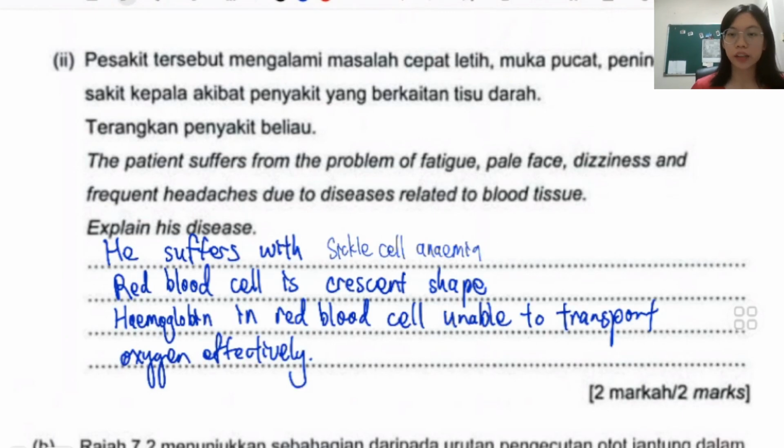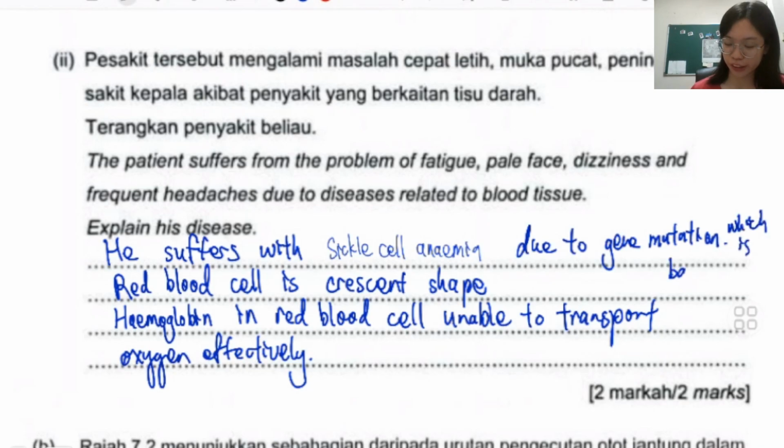You can actually add that it is due to base substitution or gene mutation. If this is an essay question, you have so many things to elaborate on, which is base substitution.